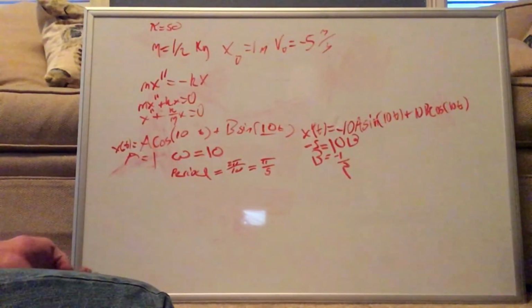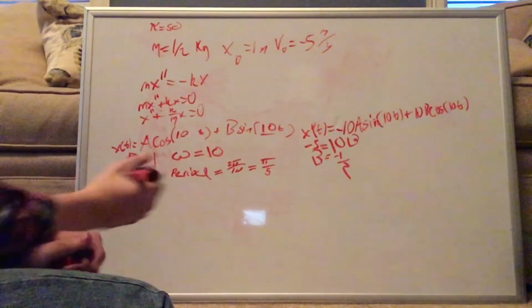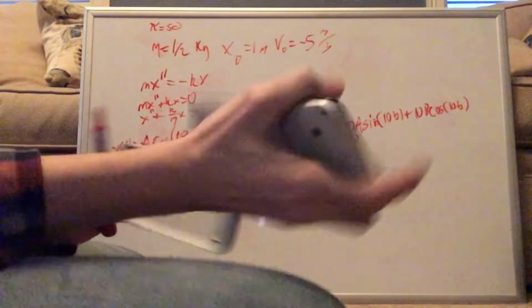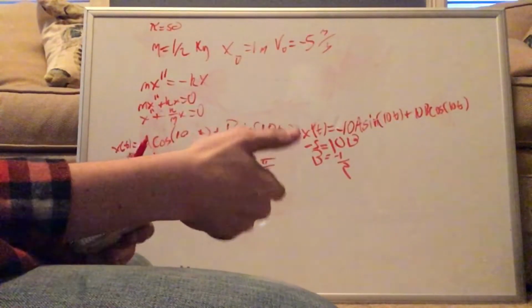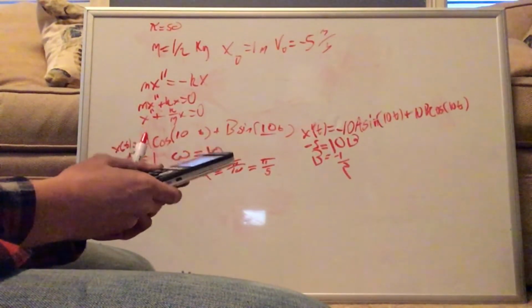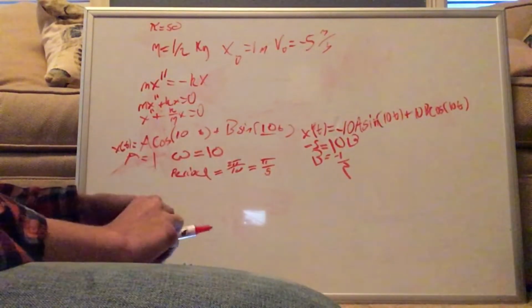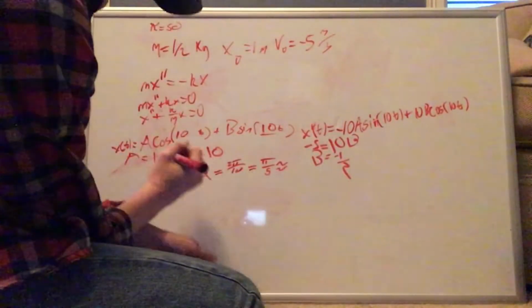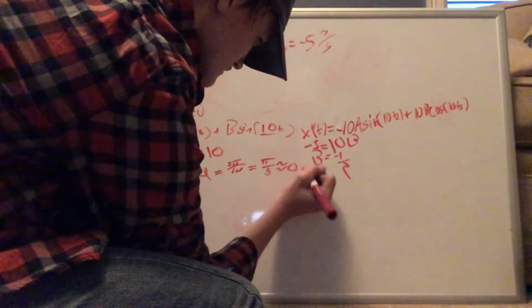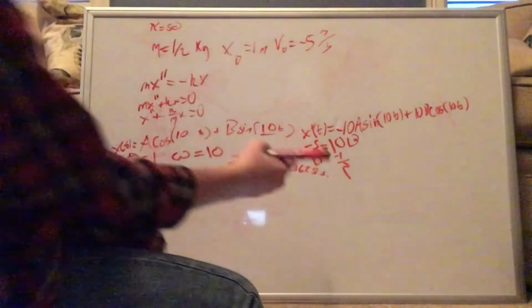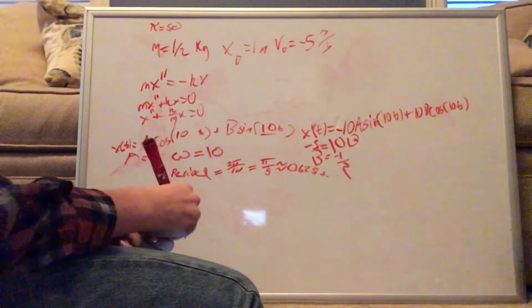The frequency is 1 over the period. So pi over 5 seconds, or let me get that in a number, so that kind of has a framework, because I don't know how long pi over 5 seconds is. So around 0.628 seconds.